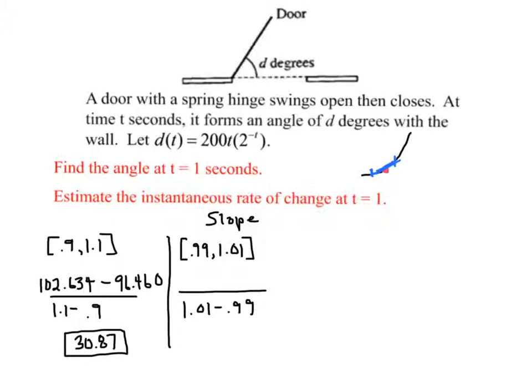And I plug it in, and I calculate it, and I get 30.65. So this is probably a better estimate than my original because I picked points that were closer. Okay, let me go another.